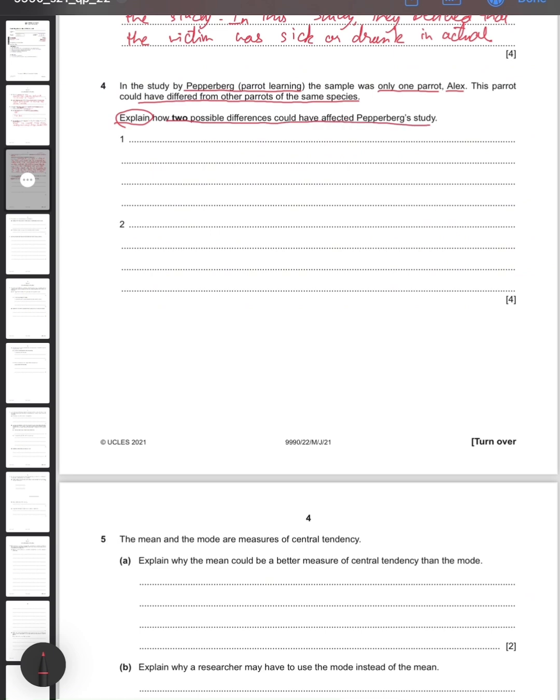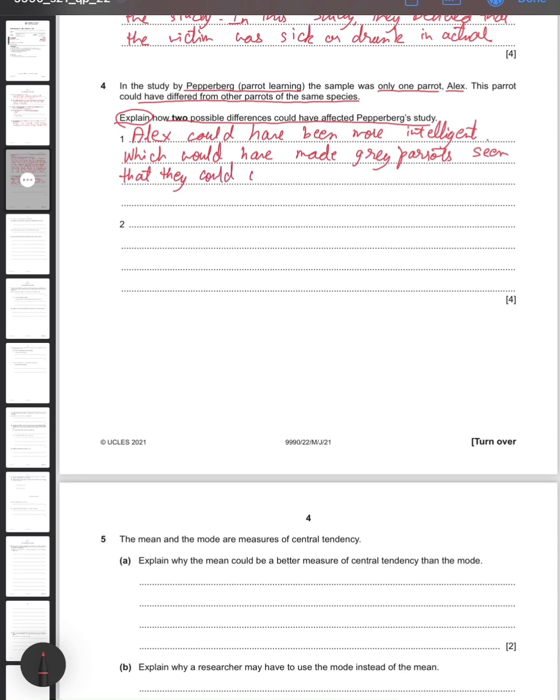So one can be that since Alex was the only participant in this study, Alex could have been more intelligent, which would have made grey parrots seem that they could understand the concepts when in actual they could not.